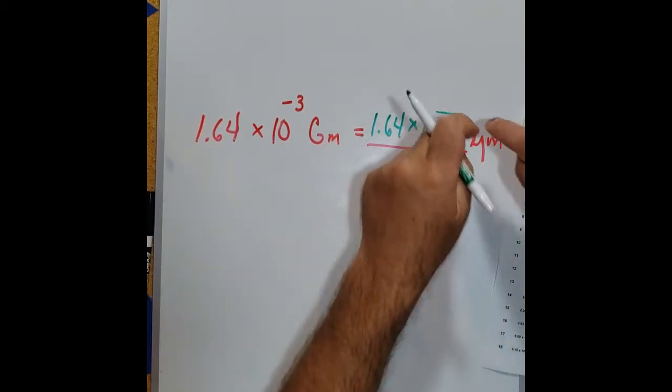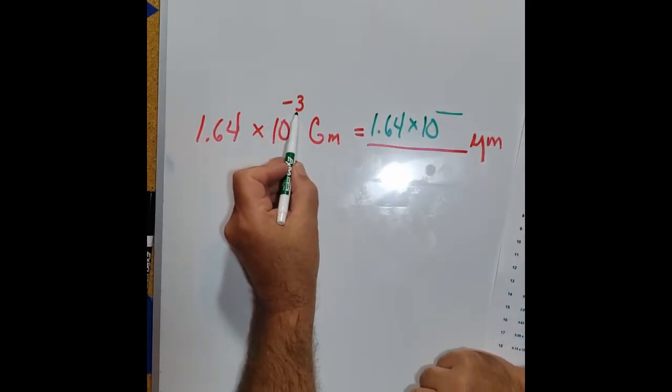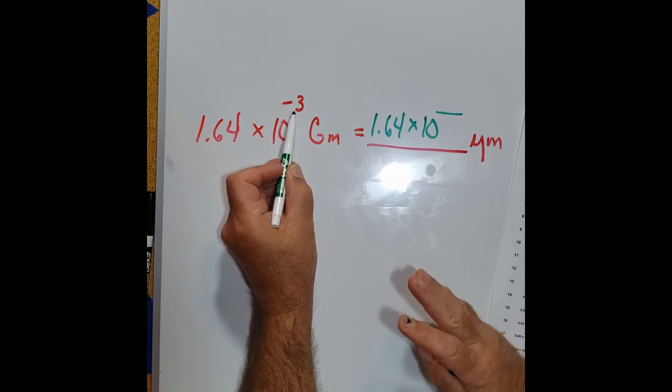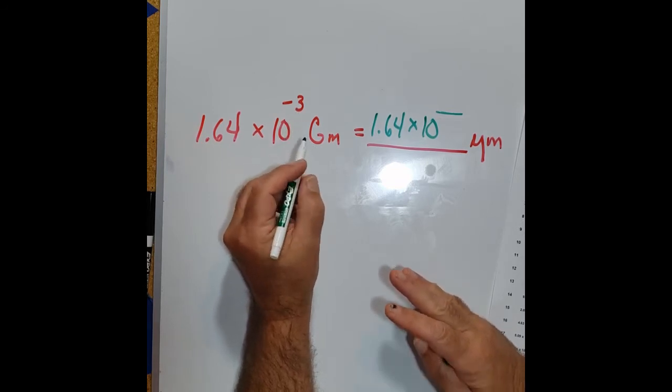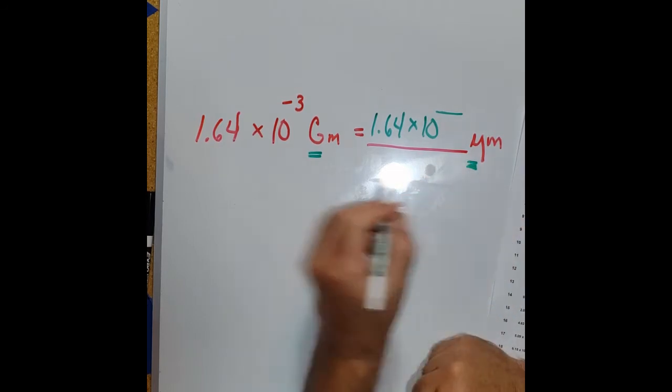How do we determine the value of this exponent? Well, we adjust the value of negative 3. We're either going to add or subtract from this number exactly the number of steps between giga and micro.